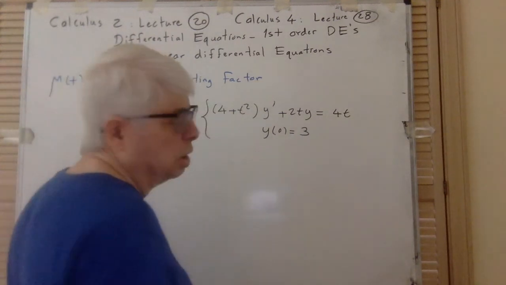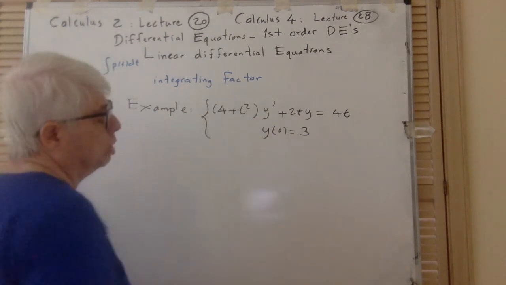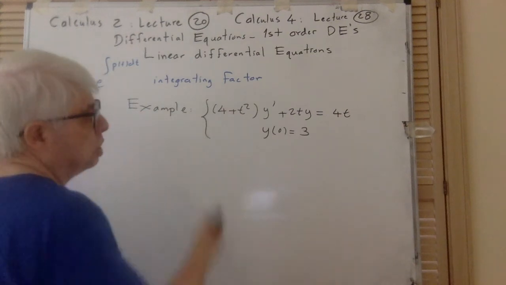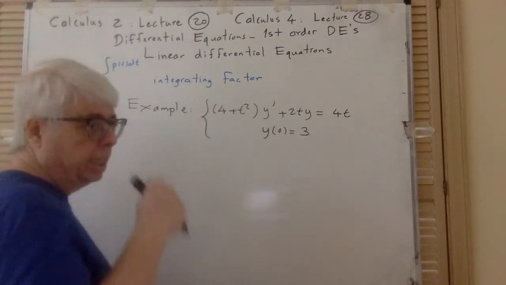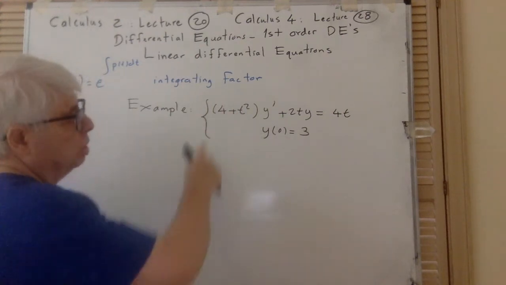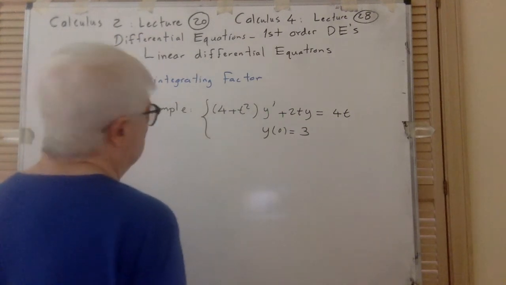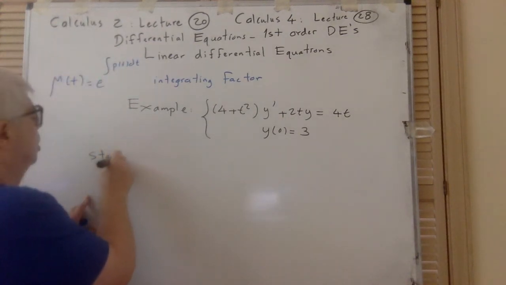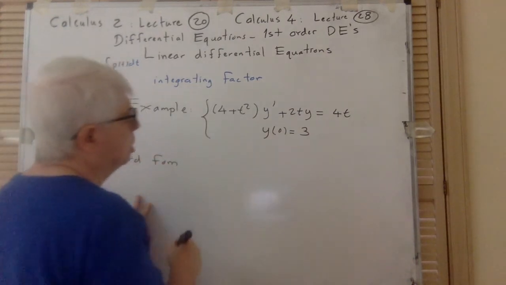Now this is not in standard form. You have to put it in standard form. Standard form is that y prime should have a coefficient of 1, which means you divide by this coefficient. Now, can I divide by this? Yes, this is never 0. T squared plus 4 is never 0. The minimum it can get is 4. So let's put it in standard form. The first step is writing this in standard form.